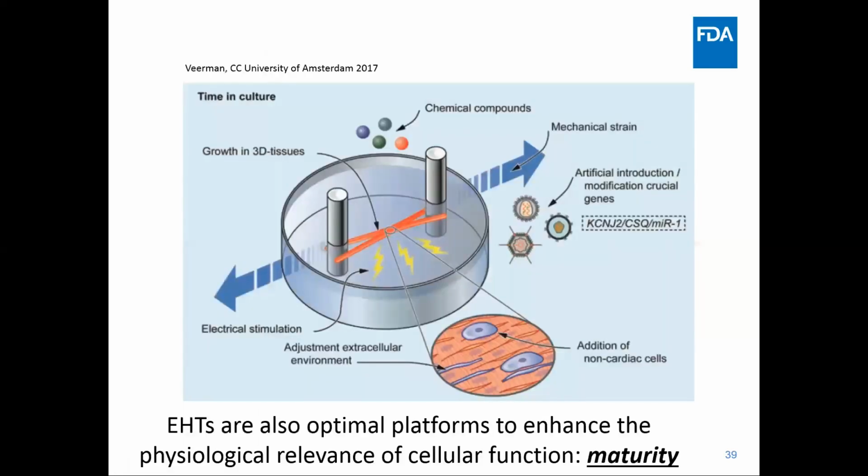However, as the system started being characterized, the developer started realizing that it was an ideal bioreactor to mature the function of these cells, where it's possible to combine mechanical strain, chemical compounds, and different microenvironmental cues that further enhance the maturity of these cells.